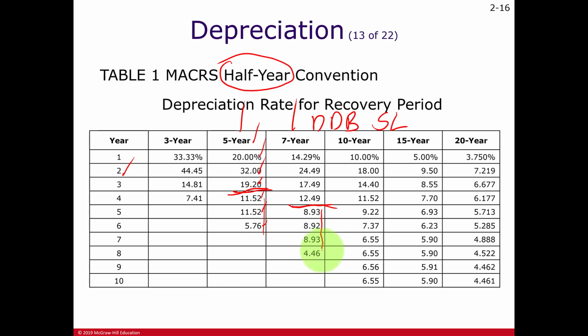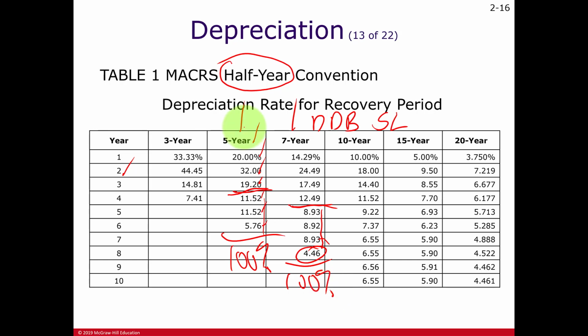And again, the last year would be a half year of the previous straight line. So if you total up all the years, how much should it come out to? Right? We don't have any salvage value to consider for tax purposes.